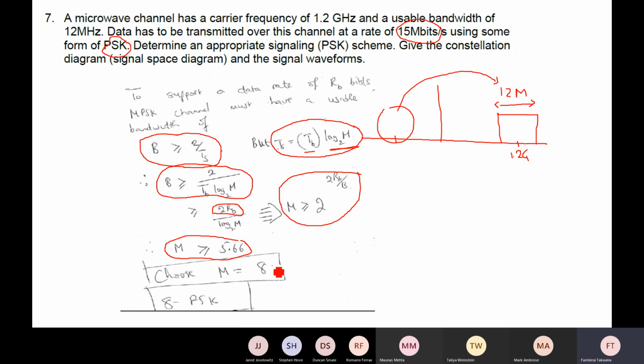In this case, the nearest value of M that we can use is M equal to 8, which means we would be using 8 PSK because we've been told that it is PSK.